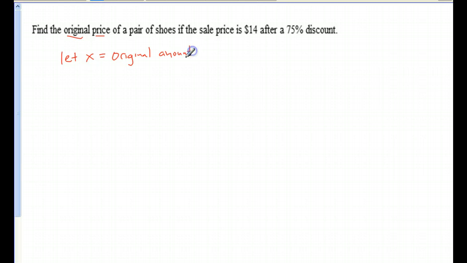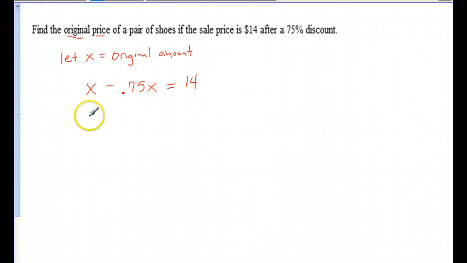And then think about what they did here. They took the original amount and then they subtracted off 75% of the original amount. And then after that discount, they're getting $14.